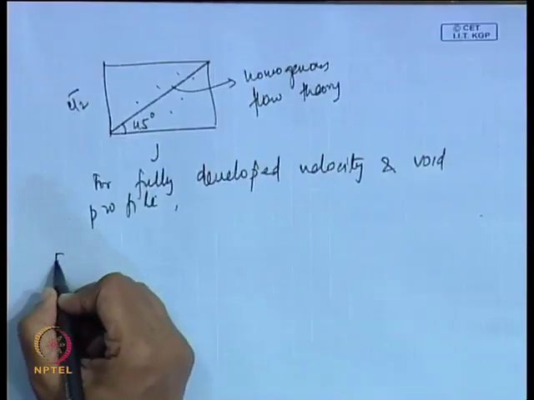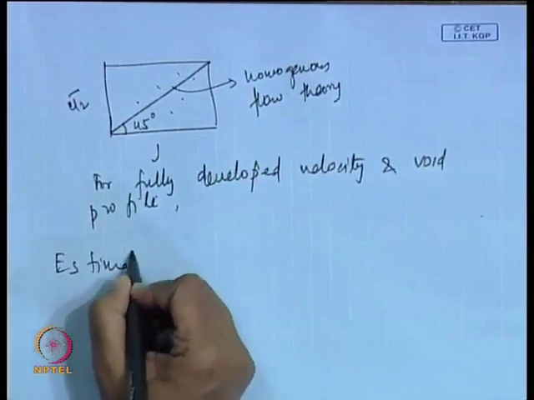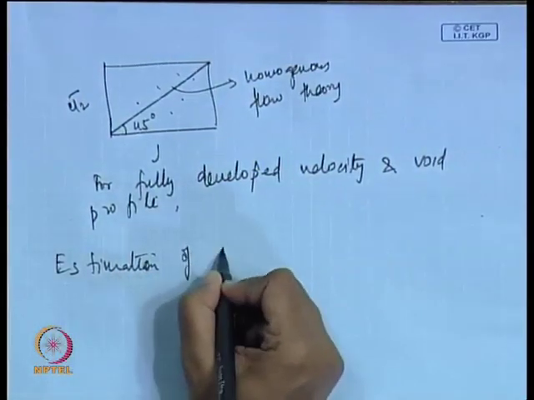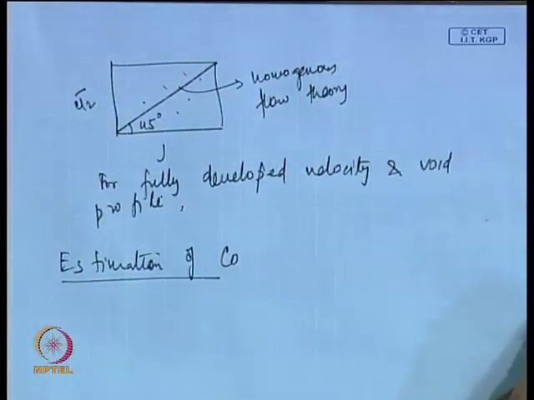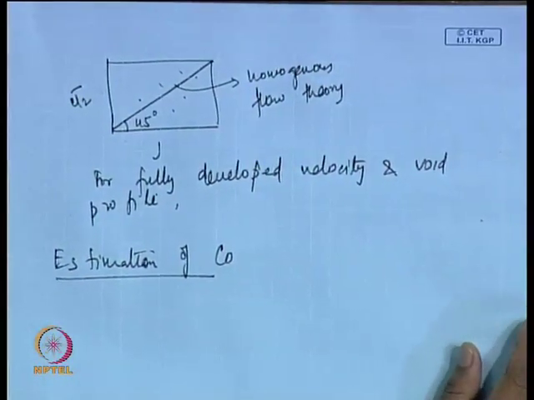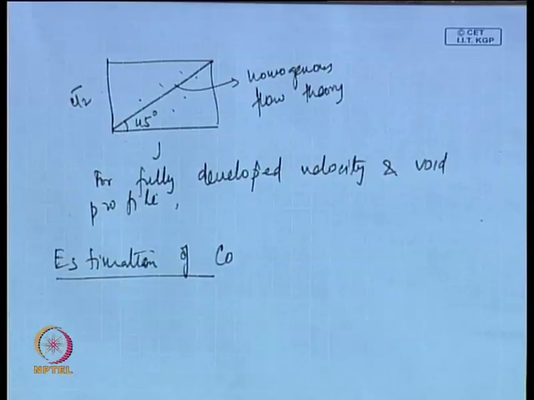Correct? Now, the next thing I would like to discuss is the estimation of C0. How can C0 be obtained for different flow situations? If you see here, I have already written down some in this PPT.